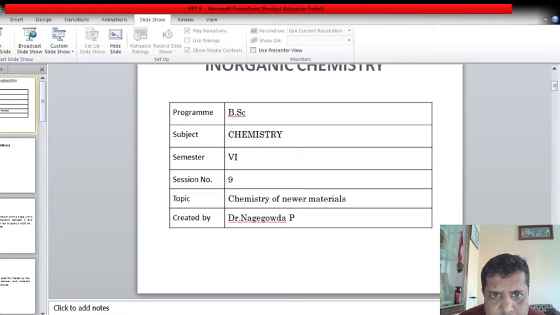In this session we are going to discuss what nanomaterials are, what the applications are, how we are going to prepare the nanomaterials, and what methods are available for their preparation.